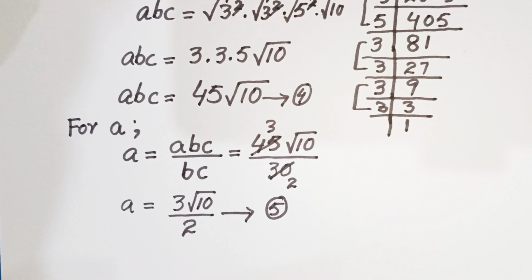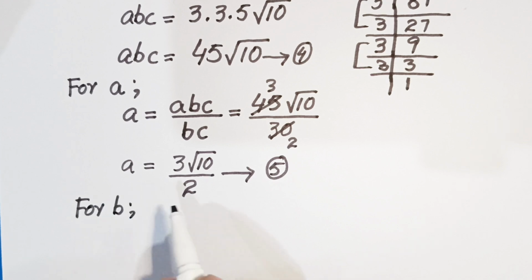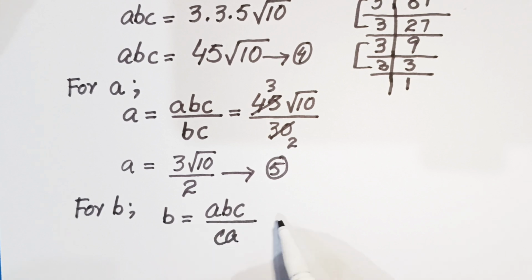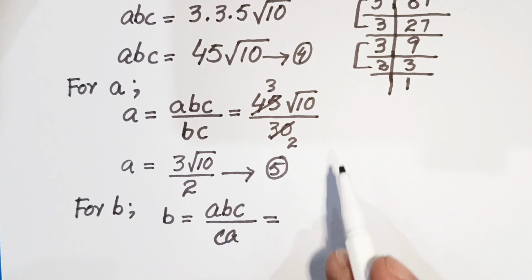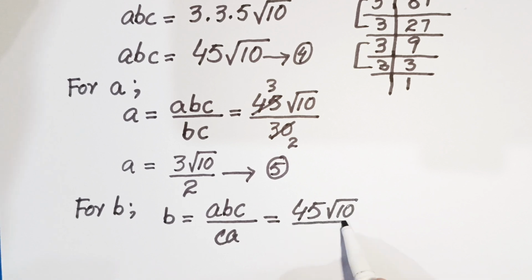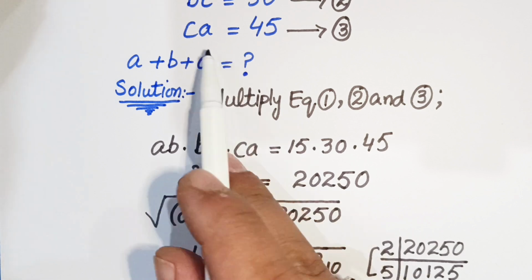Now we are going to find the value of b. Similarly, for the value of b, we just write b is equal to a times b times c all over c times a. Now cancelling c times a, we get b. So putting the value of abc from equation 4, we have 45 times square root of 10, and the value of ca from equation 3, we see that it is 45.